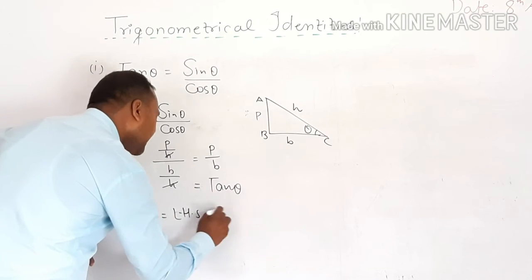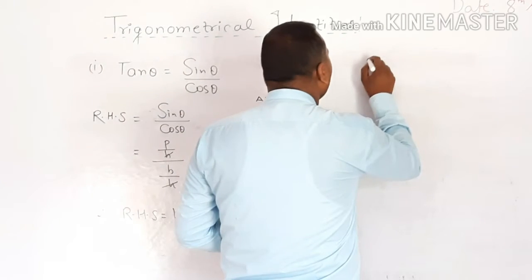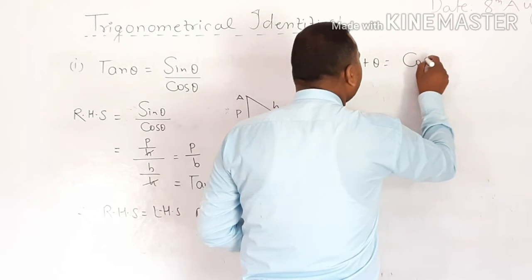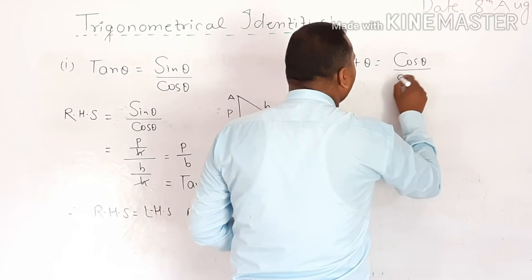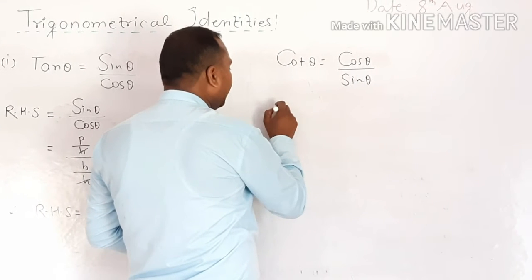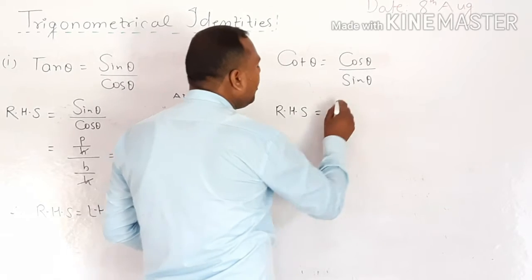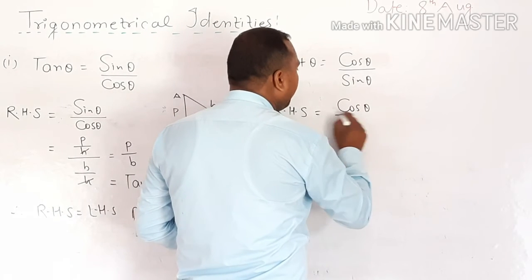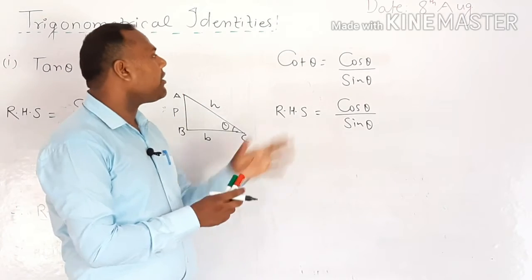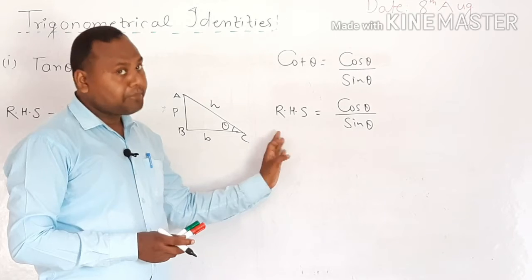Hence proved. And the second one is cot theta will be equal to cos of theta upon sin of theta. So I also take RHS in this question. RHS equal to cos of theta upon sin of theta. We already know that cot theta equals cos theta upon sin theta, but here we have to prove it.